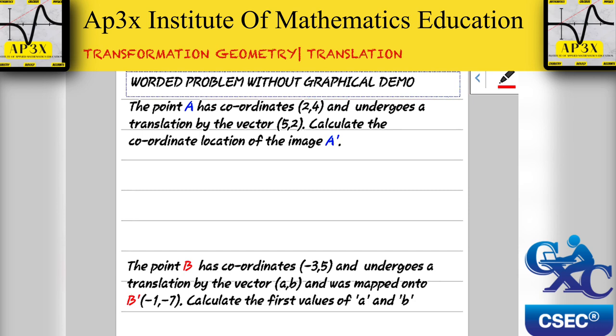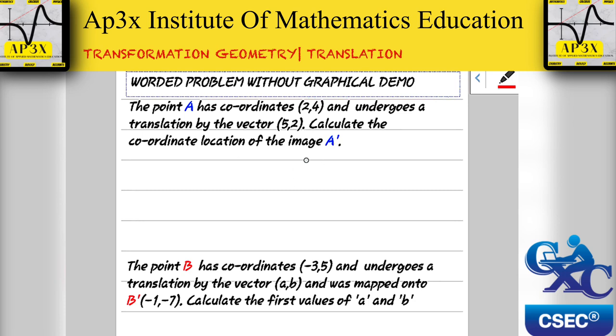So in the formula O plus T equals I, if the question requires you to find the object point, then most likely you would have to be provided with the vector and the image location. Similarly, if you want to calculate the vector that moved the object onto its image, then most likely you would have to be provided with the object point as well as its image. And of course, if you wanted to find the image point, you'd have to be provided with the object point and the vector.